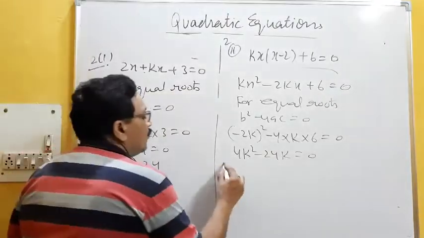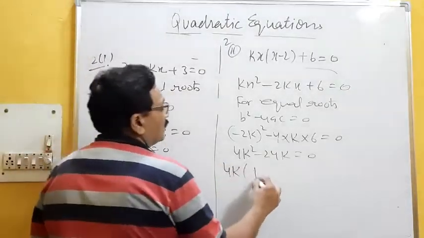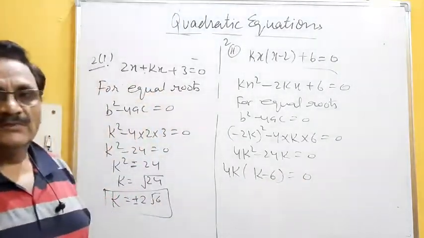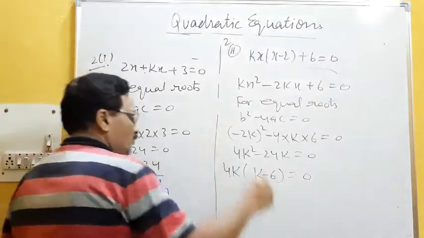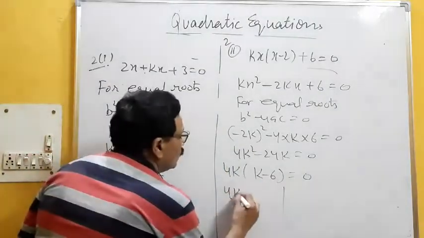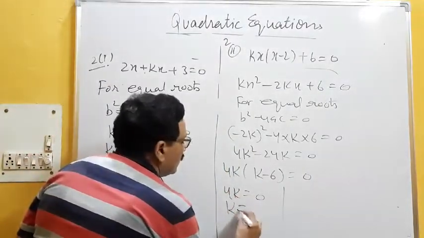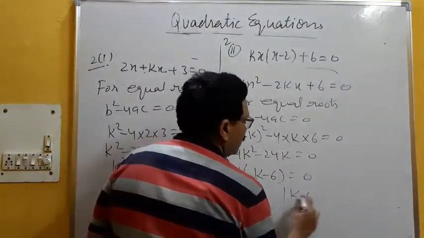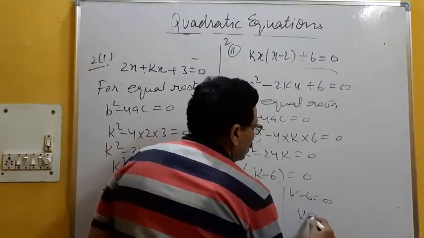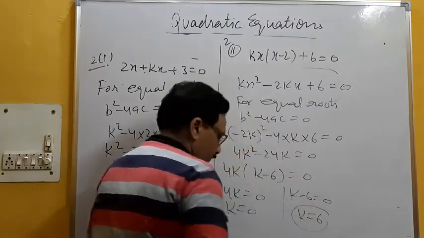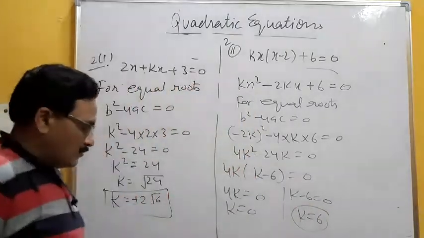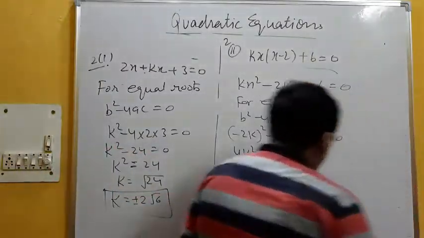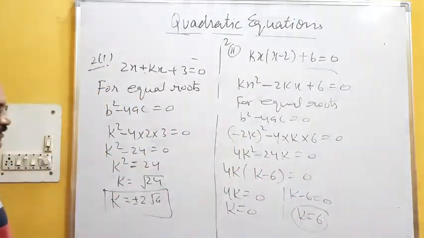You take 4k common, k minus 6 is equal to 0. Now you see you get two values: k is equal to 0, and k minus 6 equal to 0, so k equal to 6. You are getting the two values, k equal to 0 and k equal to 6.